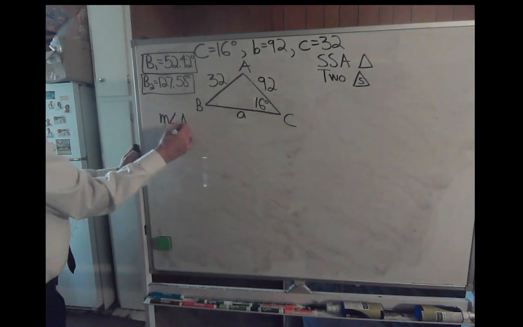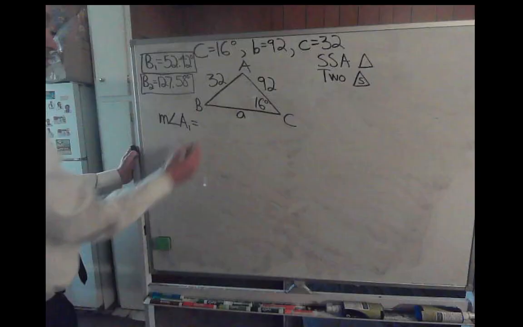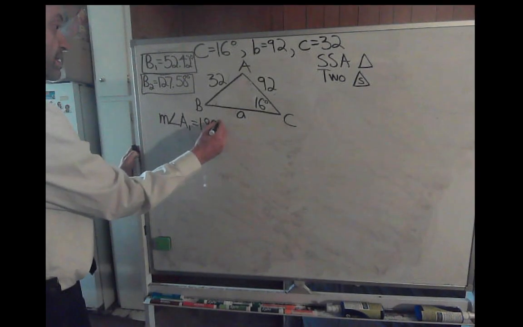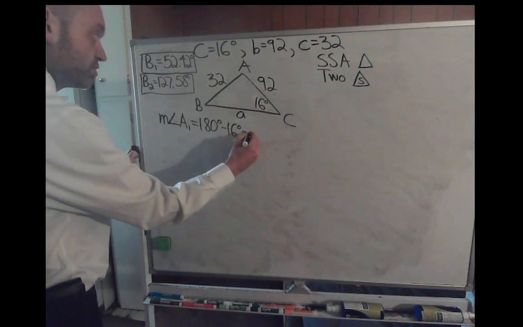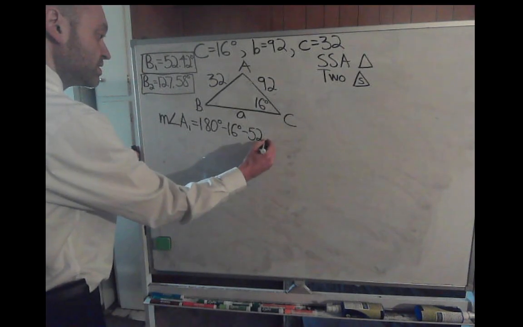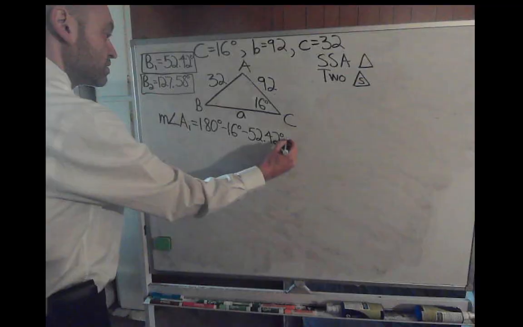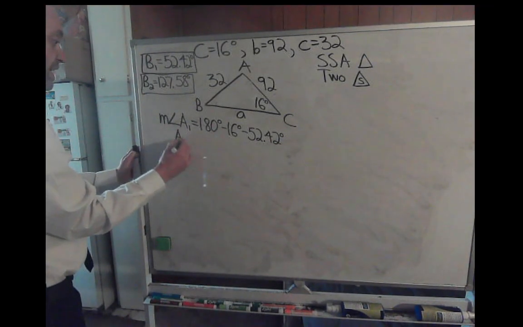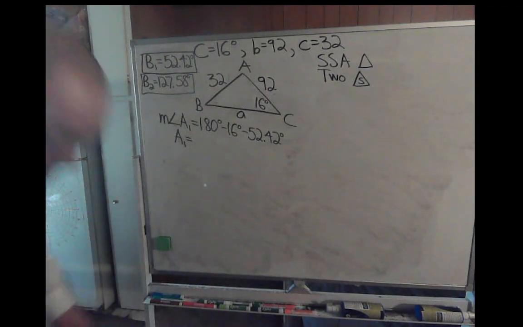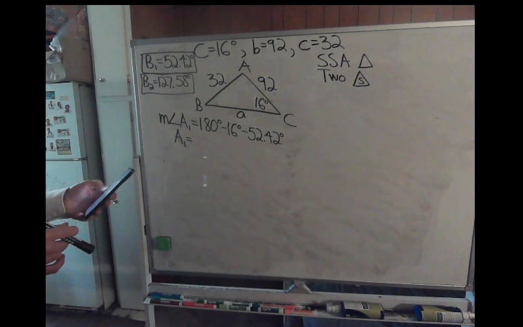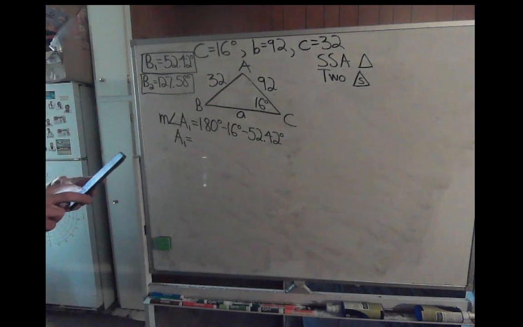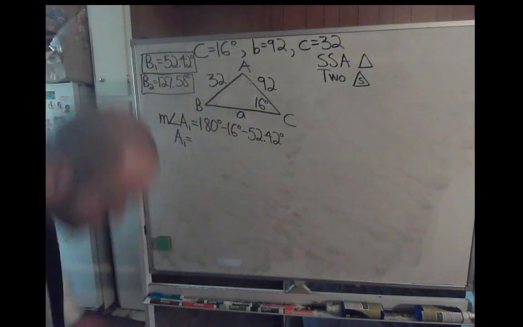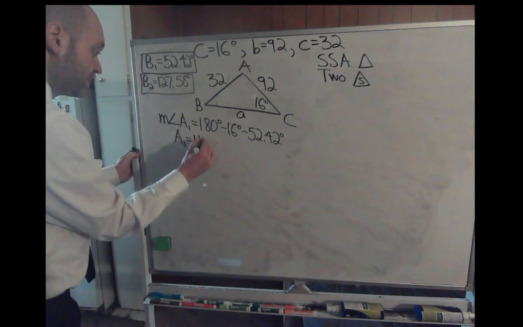So the measure of angle A sub 1 is going to then equal, of course, 180 degrees minus that 16 degrees minus that B sub 1 of 52.42 degrees, which means angle A sub 1 would equal what? 180 minus 16 minus 52.42, you would get 111.58 degrees.